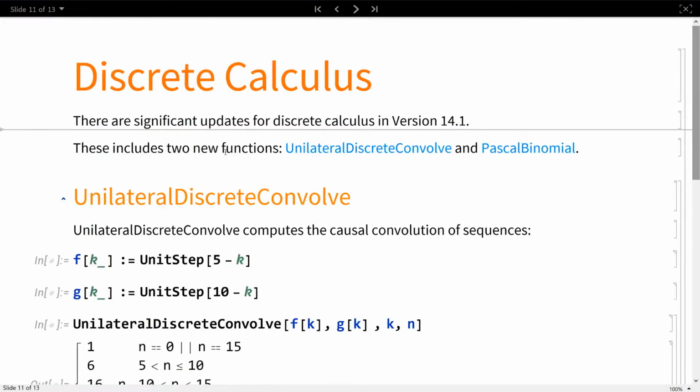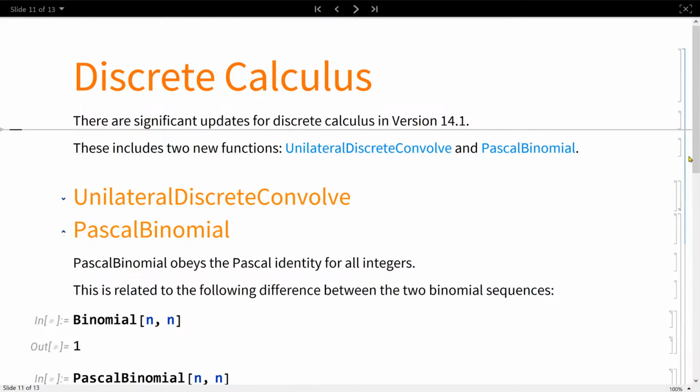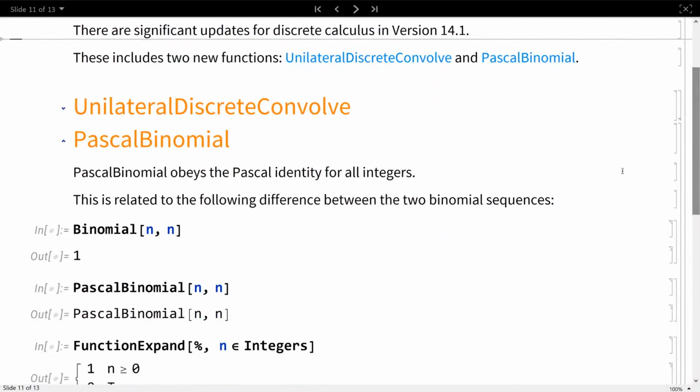The other new function is PascalBinomial. So the point is we have had Binomial for a long, long time, and traditionally Binomial of n comma n has always returned 1. That's critical to our symbolic functionality. And one might say, what's wrong with that? Well, the difficulty is when you have negative values of n.